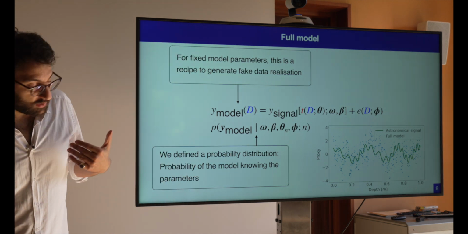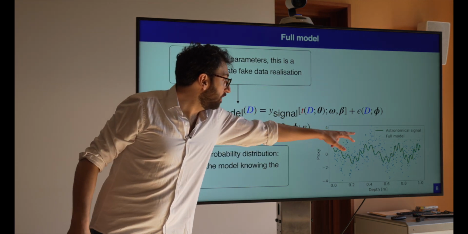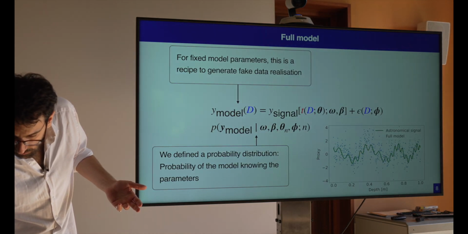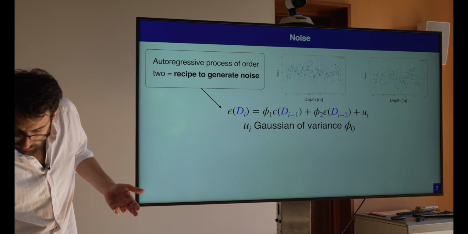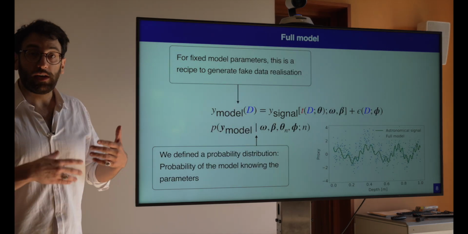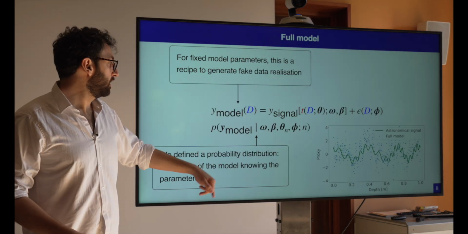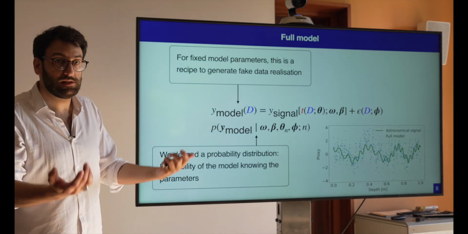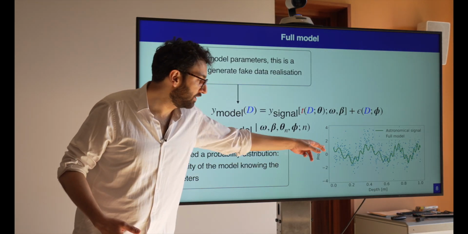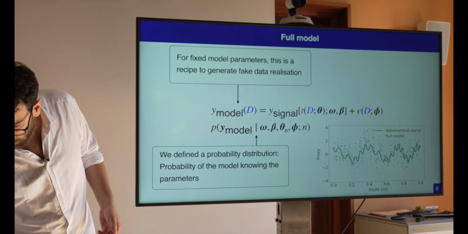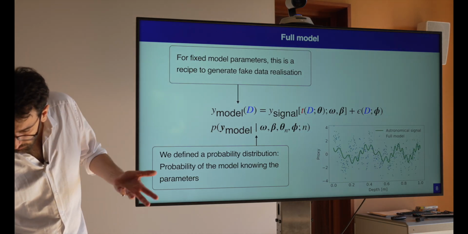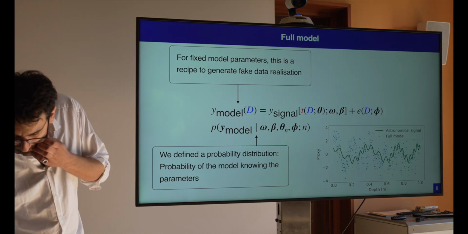So, for instance, here I have fixed all these 4 parameters, and I generated several instances of realization. So, again, saying this is the same as saying this is a probability distribution. This is a recipe to generate fake data. And all of these are realizations of this process.